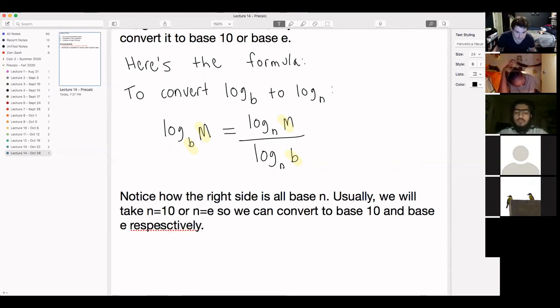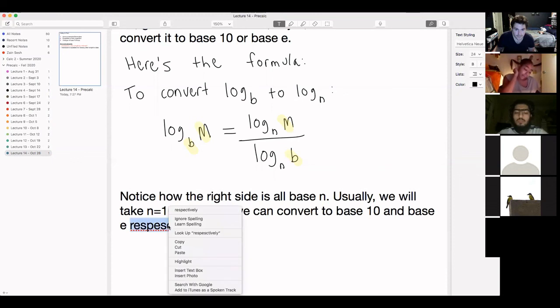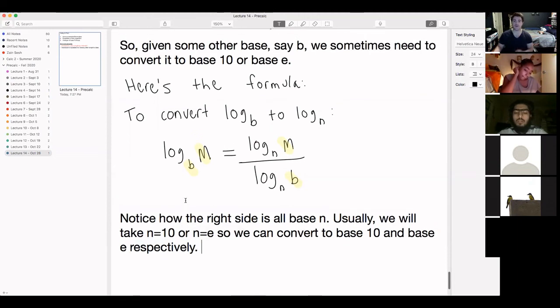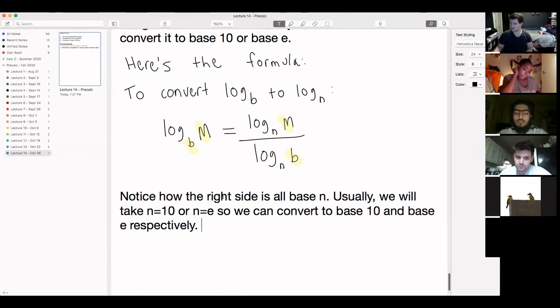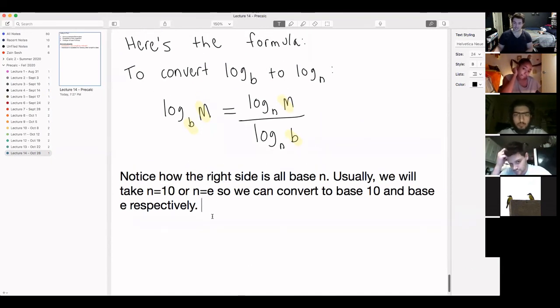Did I really spell that wrong? Yeah. Okay, so that's pretty much what we're going to do. We're going to convert from log base b to log base 10 or log base e. That's really the most popular use of the change of base formula.